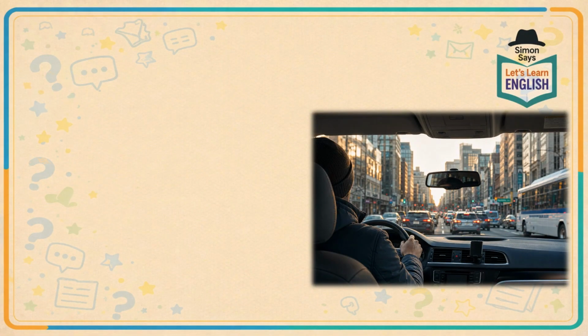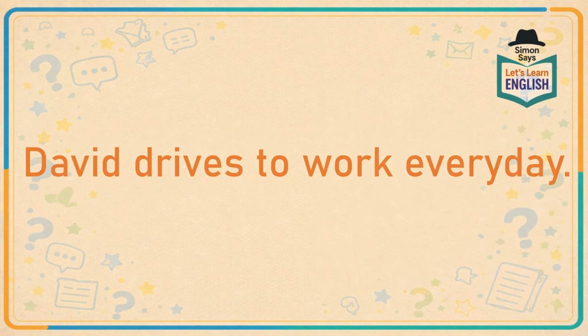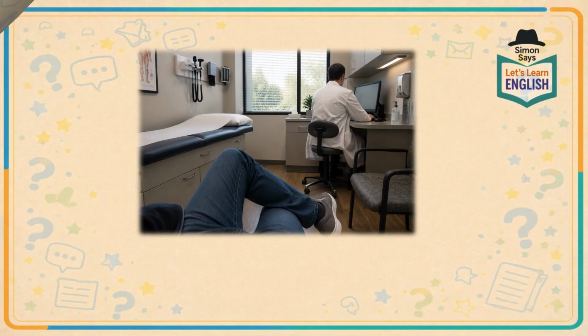For example, David drives to work every day. In this example, the word drives tells us what David does every day. It is therefore a verb. Take a look at another example.